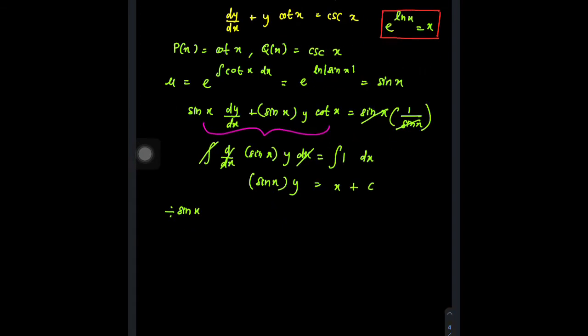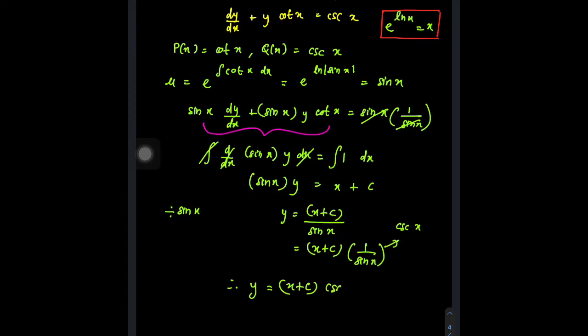So you will get y is equivalent to x plus c over sine x, or 1 over sine x times x plus c. So what is 1 over sine x? This one is actually cosecant x. Therefore, your final answer is y is equivalent to x plus c times cosecant x.